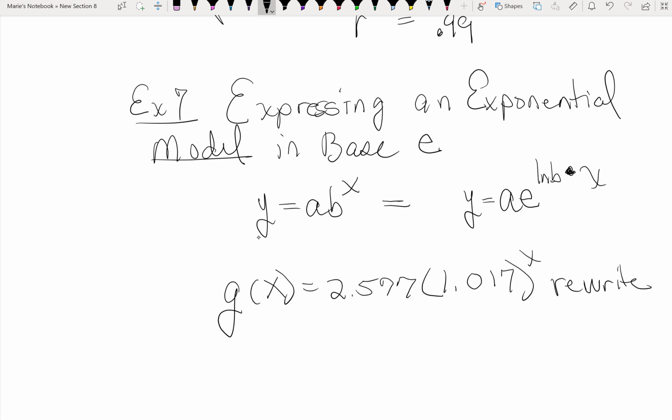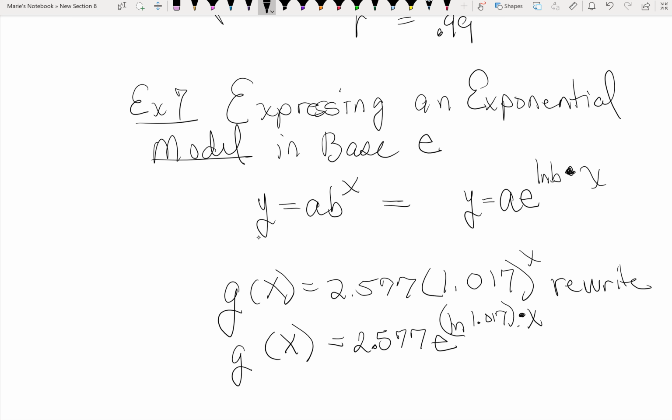So in our case, we would simply rewrite this as g of x is equal to, notice the writing, and the reason I'm doing this in this order, we would start with g of x, since they want it in base e, equal to 2.577 e raised to the natural log of 1.017, times x.